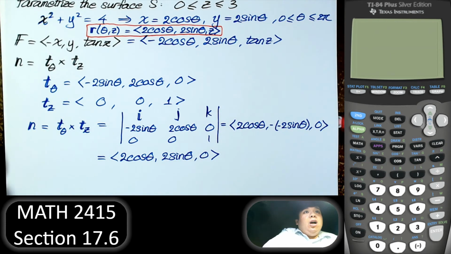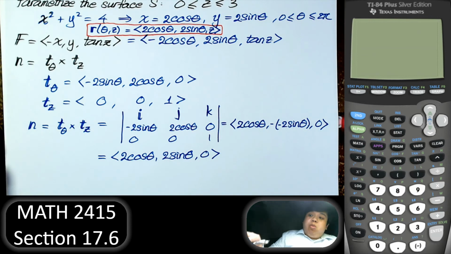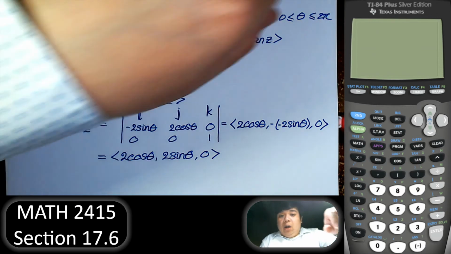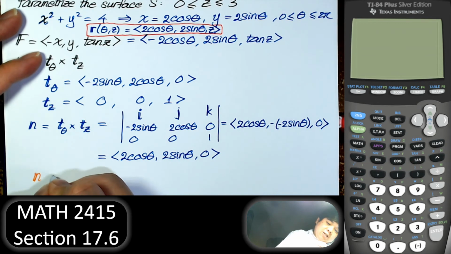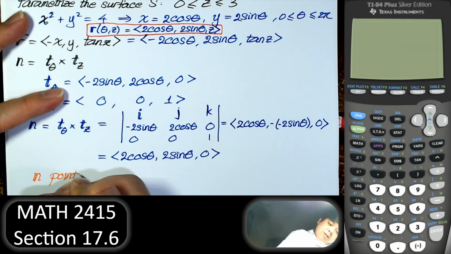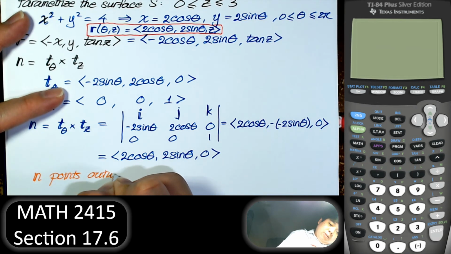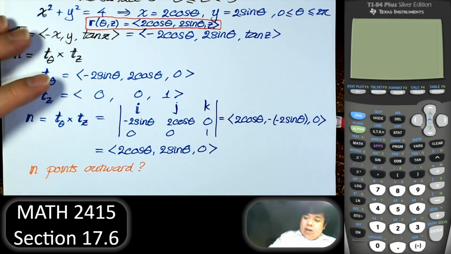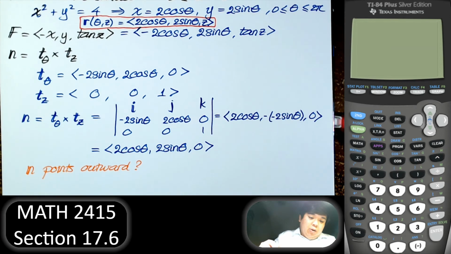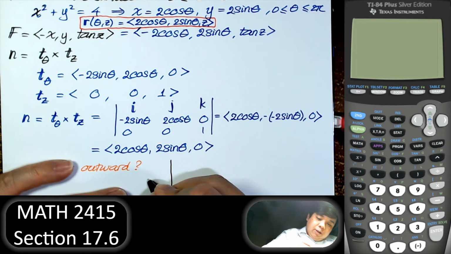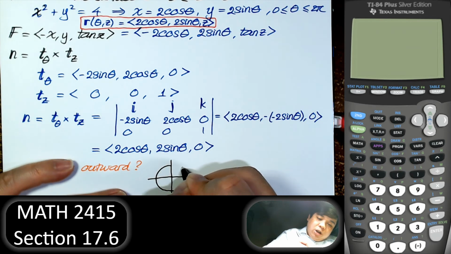Right. Note that in this problem, we want the normal vector pointing outside, right? For that, it's very simple. We have the circle x squared plus y squared equal to 4.